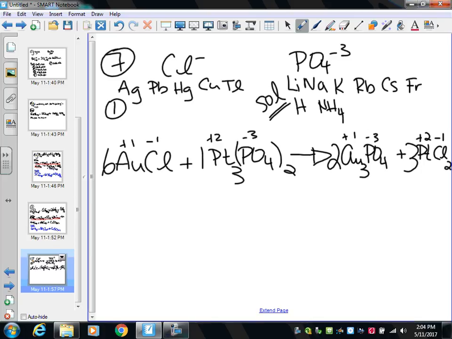So now we need to just go back and double check our things here. So our phosphate one here with gold is the one that would make me a solid, right? And this one here would be an aqueous. Correct? That's our first step, so that means that we pulled out that one. So moving on to our second one. I just want to finish this one off so we're done.